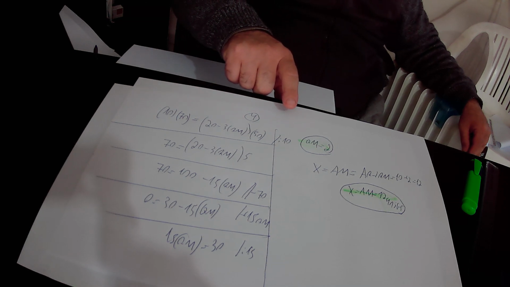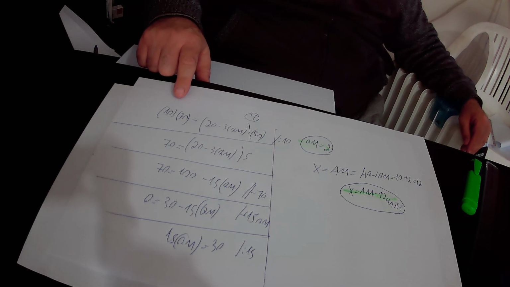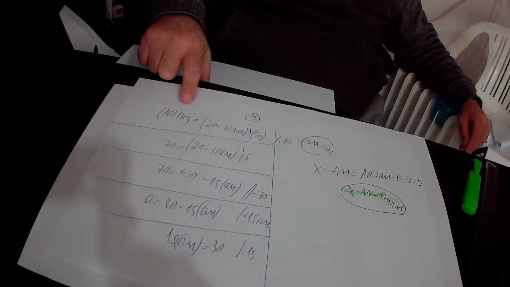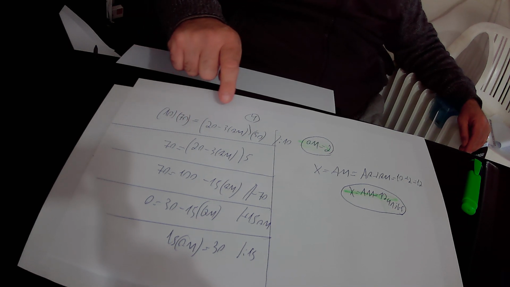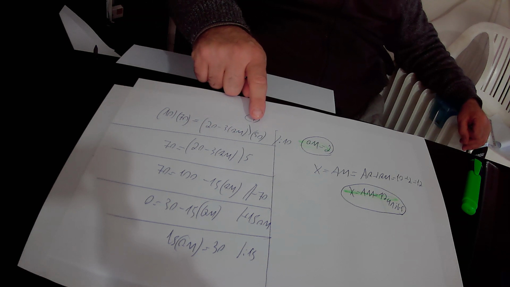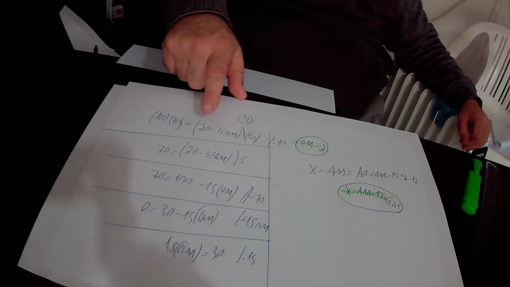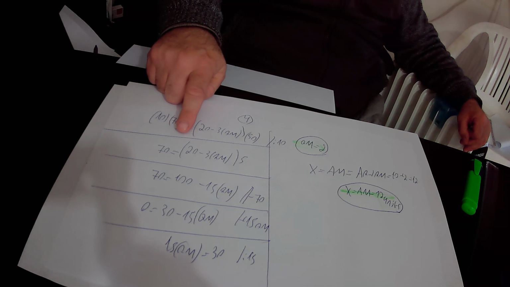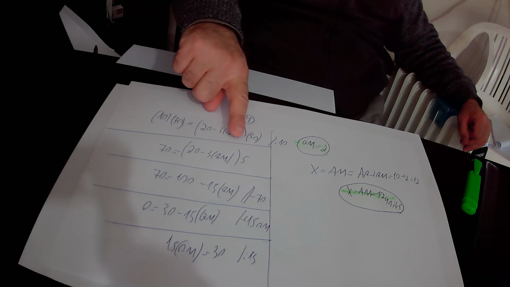Here we divided this equation by 10. 10 over 10 is 1, so we are left with 70 equals 20 minus 3 QM times 50 over 10, and 50 over 10 is 5. So we found that 70 equals 20 minus 3 QM times 5.